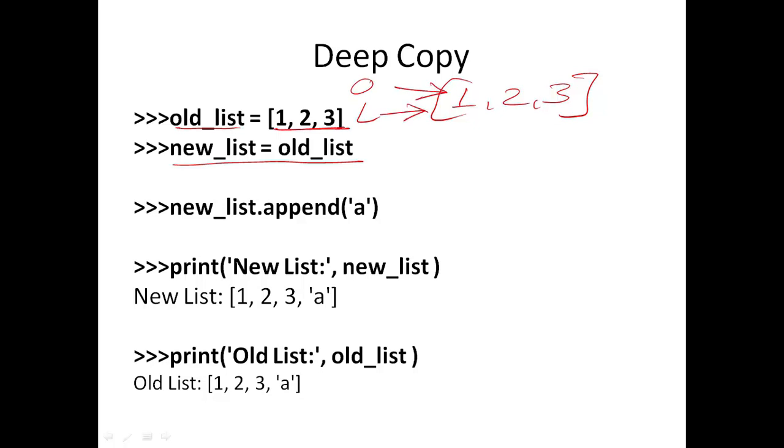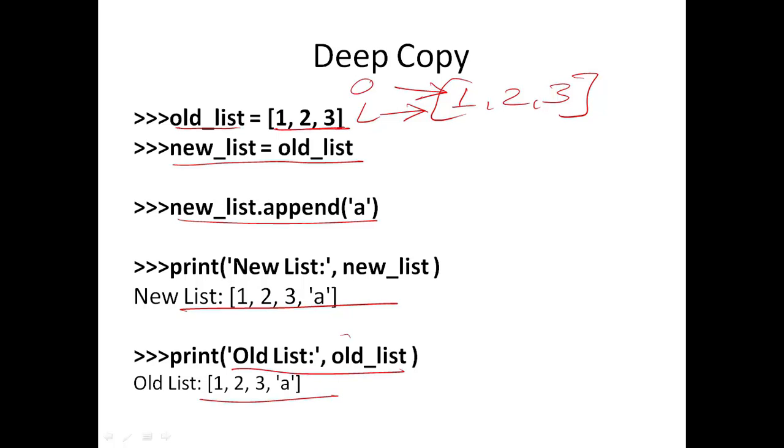That means there is a single object. That's why it is called deep copy. So if you update one list, the second list will also get updated, because it is a single object.